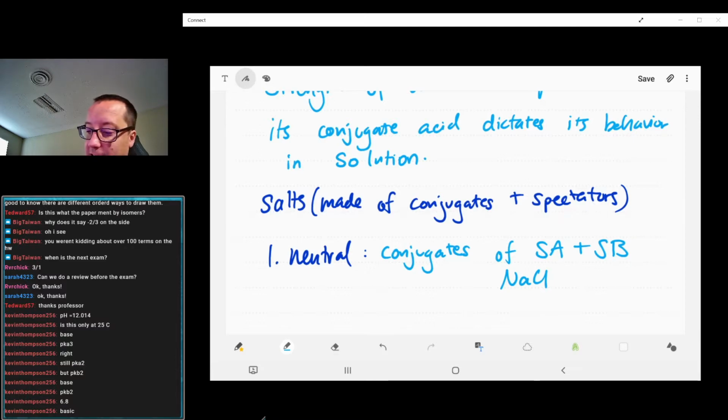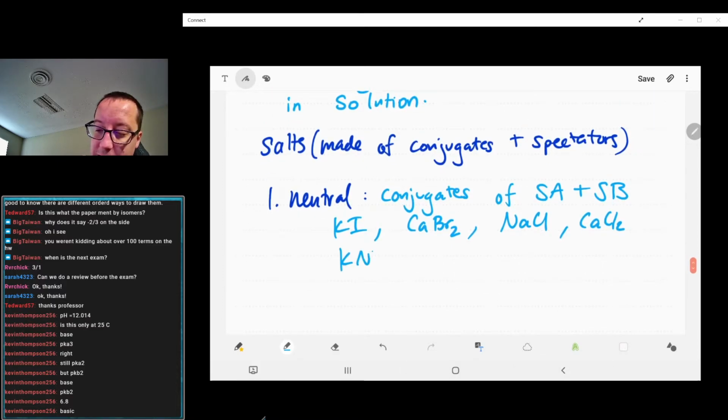We'll see that calcium chloride would also work, or calcium bromide, for example, or potassium iodide. All of these would be neutral, or potassium nitrate. All of these would be conjugates of strong acids and strong bases put together. So those salts would be neutral.